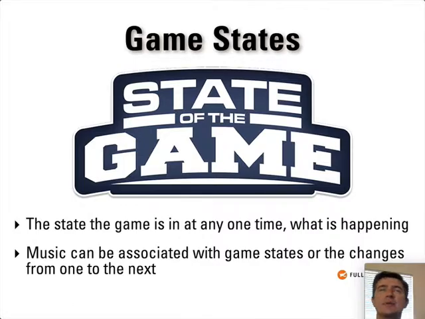So games are somewhere between 30 frames per second, which is common for smooth motion on a screen, or up to 60 frames per second, which the PlayStation 4 and the Xbox 360 can play games at. All right, so frame rate is how quick or smooth the game is playing.